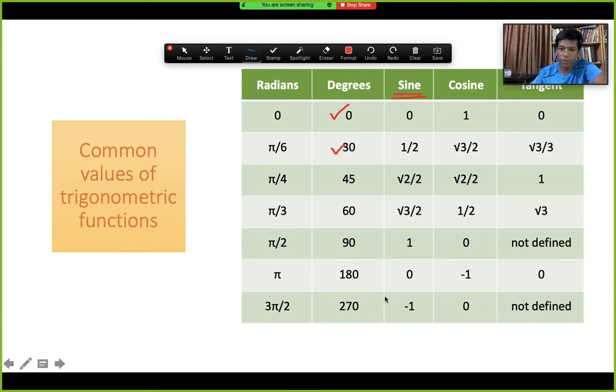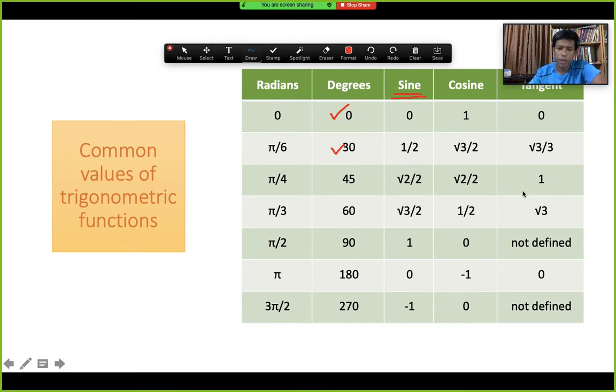All of them are in degrees like this. Sine 60 degrees is this, sine 90 degrees is this, sine 180 degrees, and so on. Likewise, tangent 0 degrees is this, tangent 30 degrees is this, and so on.